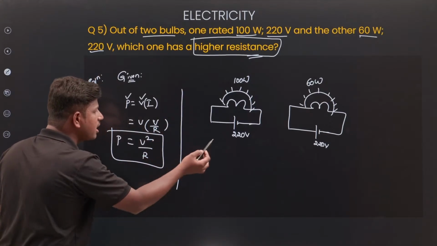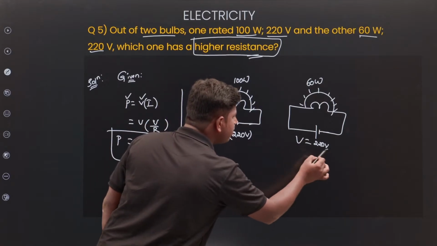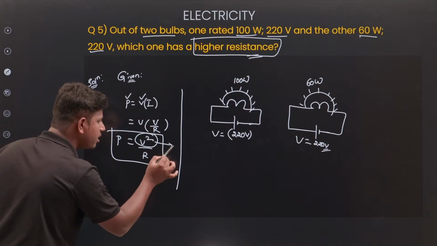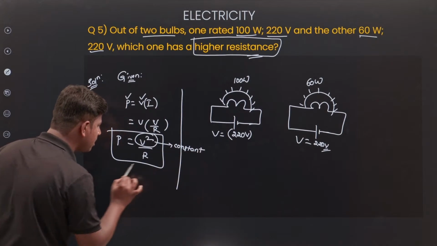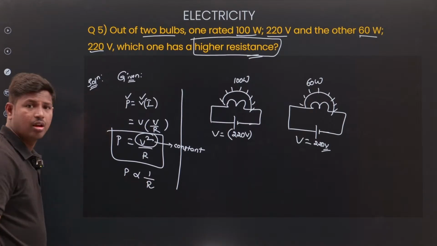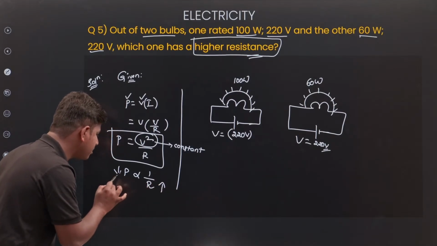So in both the circuits, how will the voltage be? Same only. So take V square as constant. Then P is proportional to 1 by R. If resistance increases, power decreases.